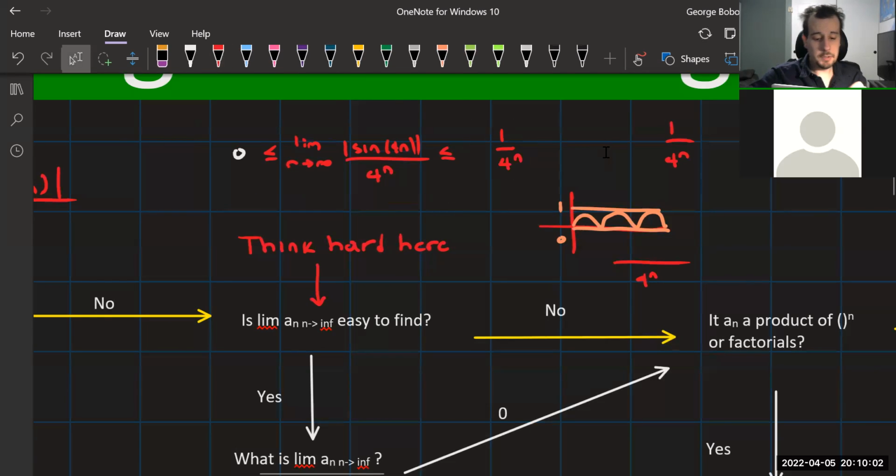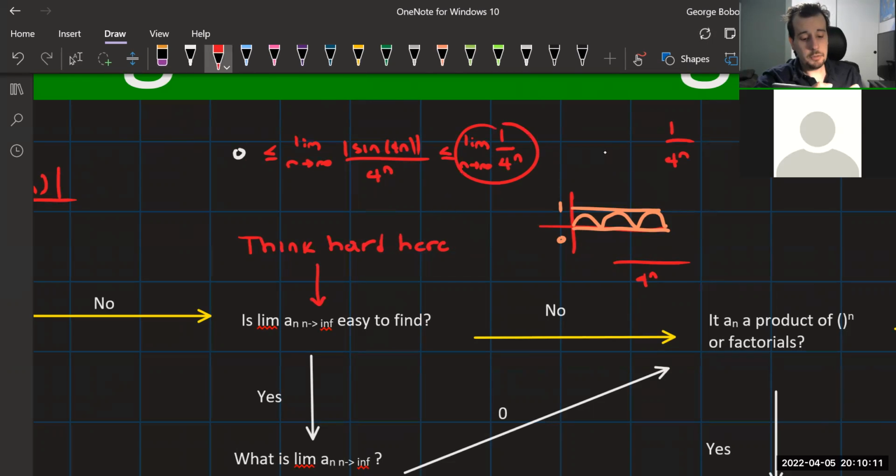And again, you're trying to take the limit as n goes to infinity. 0 remains 0. This guy, though, when you take the limit as n goes to infinity, what is it, Kelly? 0. So by the squeeze theorem, we've squeezed the limit of this to be between 0 and 0. So the overall limit would be 0, okay?